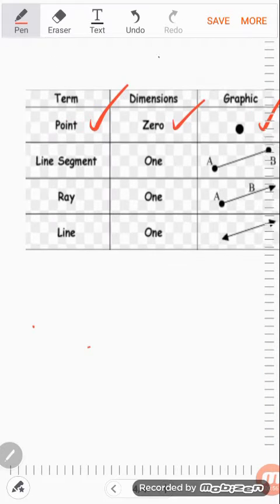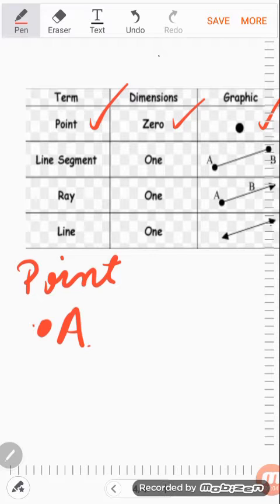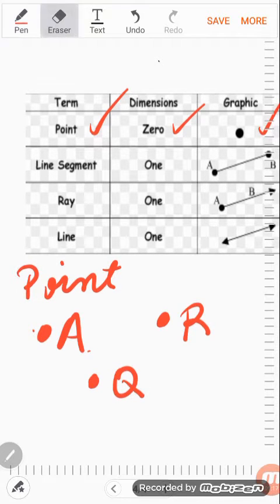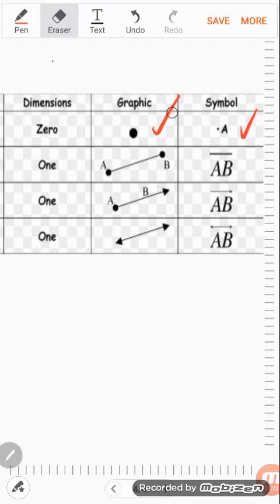For example, the point A will be represented like this, but we can have any letter. So this point can be called R, or this one could be Q, depending on the situation. Okay?